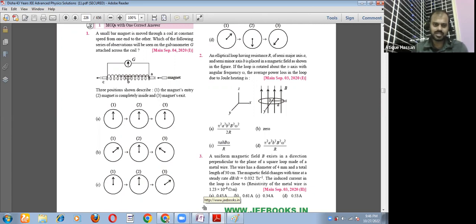In option A, one is showing no deflection, so A should not be the correct answer. And C is also not correct because one is showing no deflection. And in D, one is showing deflection, but in two it becomes opposite, so automatically the answer becomes B. That is the advantage here. They have not made proper options. But if someone doesn't understand the opposite deflection concept, that student can also be correct. Getting my point?